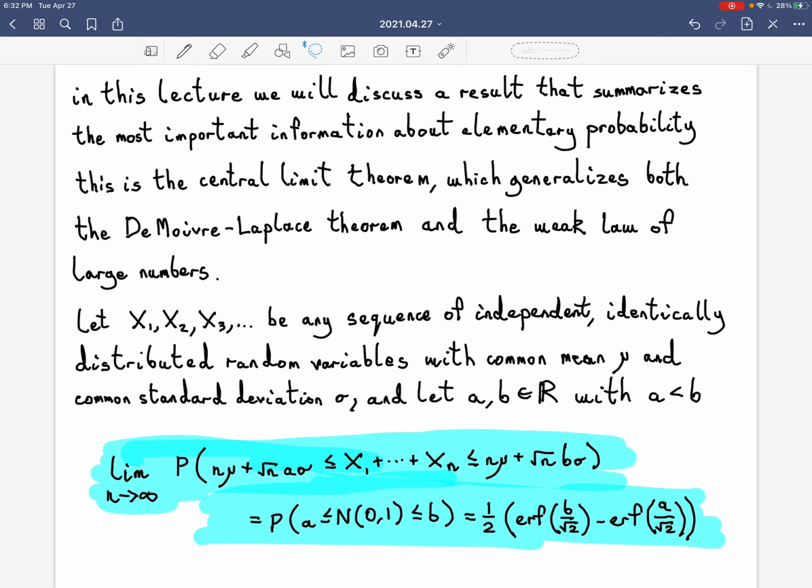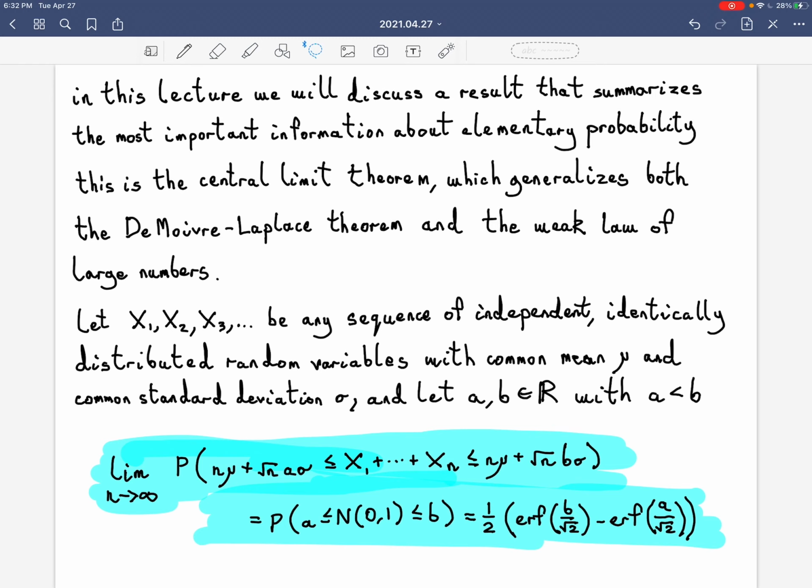And so both of those results are fundamentally based on this construction of a sequence of independent, identically distributed random variables.